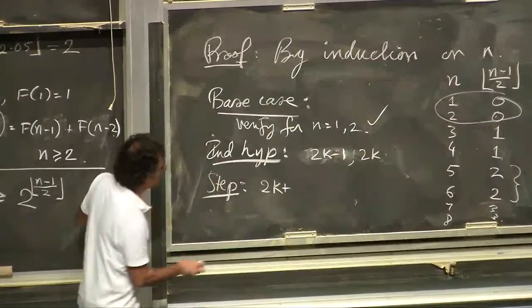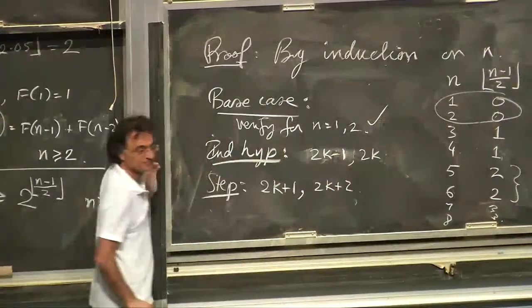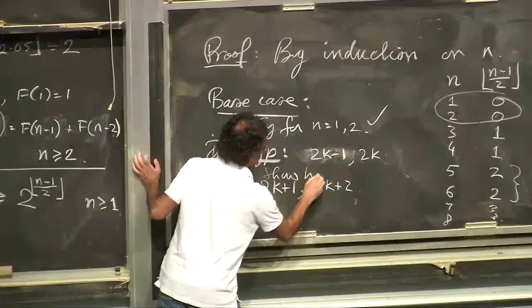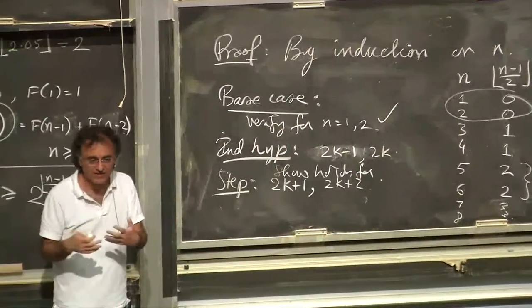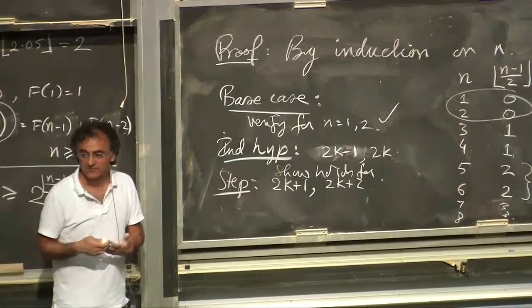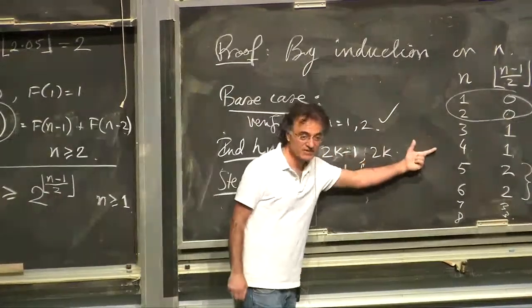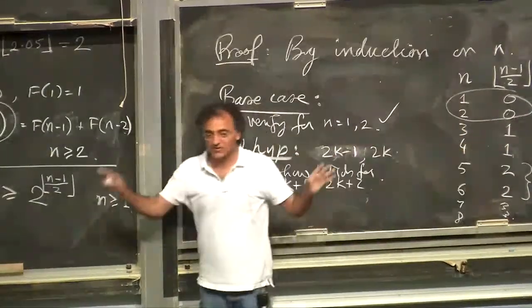And now we are trying to show it holds for 2k plus 1 and 2k plus 2. Is it clear what I'm doing? Given that it holds for these, it holds for the next 2, the next 2, and so on. Then it holds for all natural numbers.